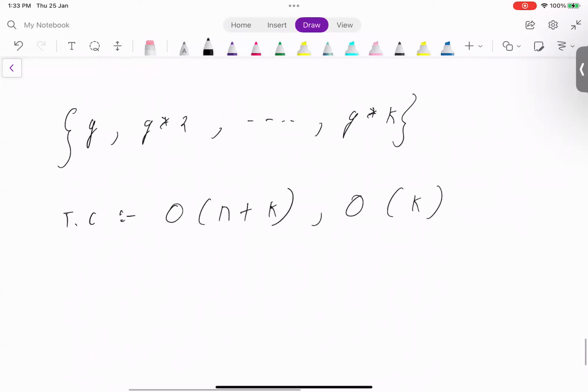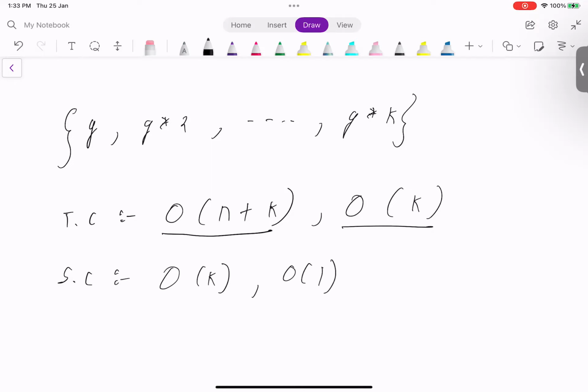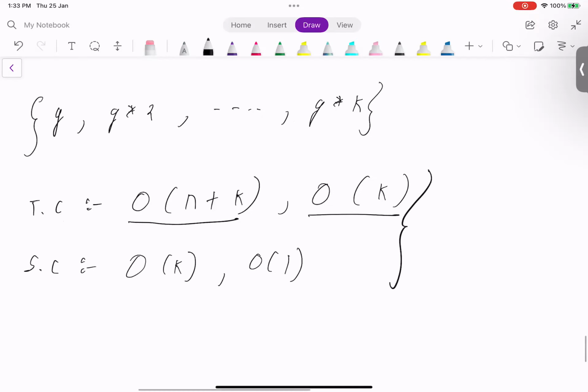So we can implement it with either time complexity. For space, we can implement it with big O of K or big O of 1. It becomes big O of 1 if we just print G into 1, and so on till G into K, or if we store it in a list and then print, it costs us big O of K. So these are two different ways to implement it with different time and space complexity.